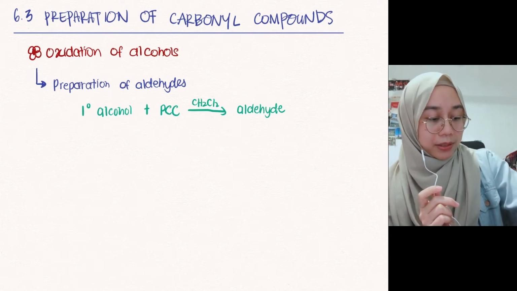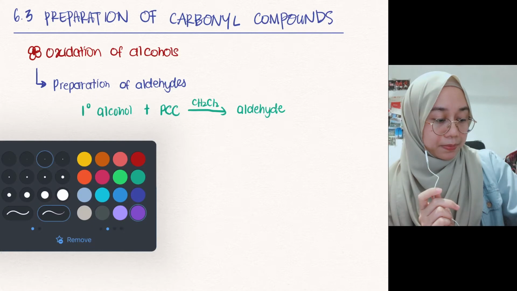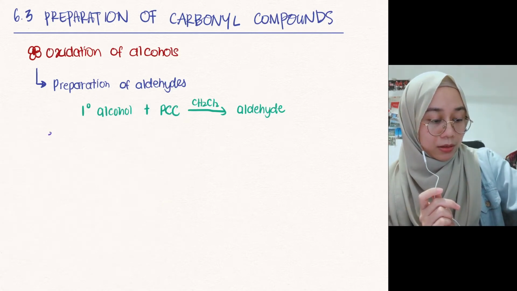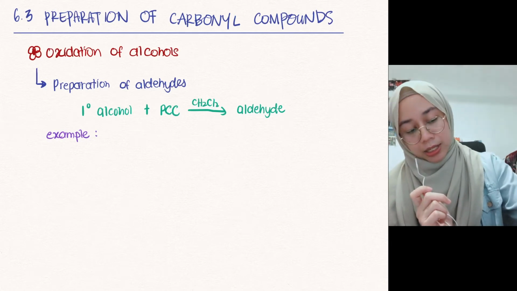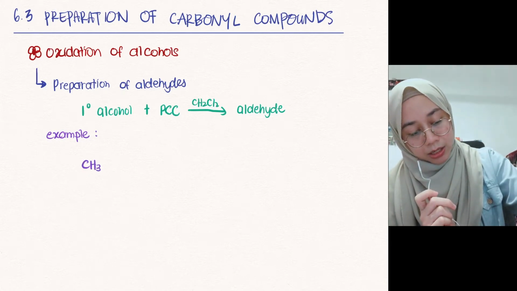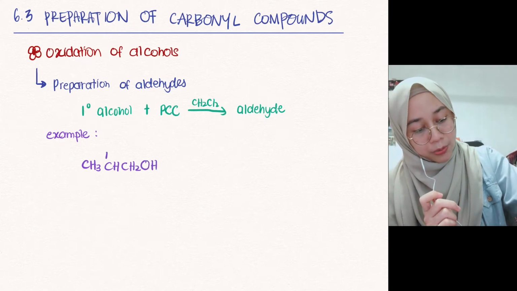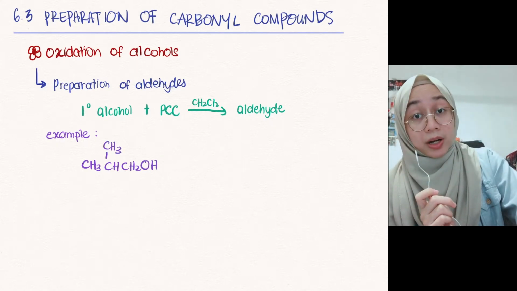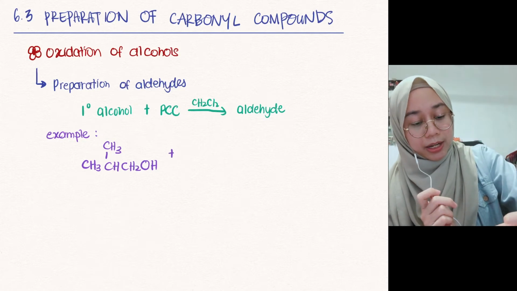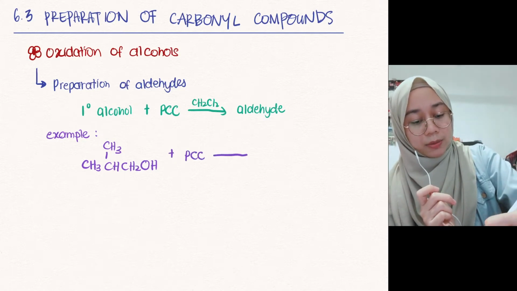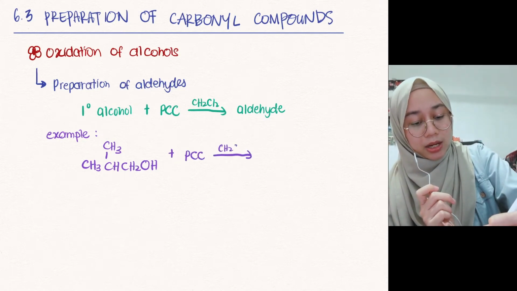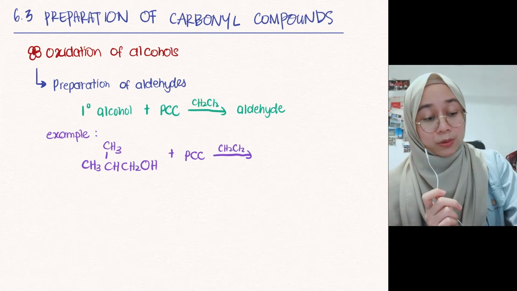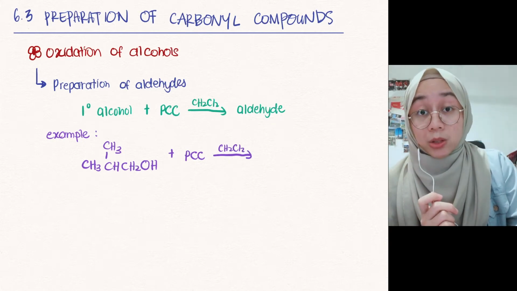So example dia, let's say kita ada this particular alcohol here, whereby alcohol ni adalah primary alcohol. So kita reactkan dengan PCC, which is a mild oxidizing agent. Therefore, what you are going to produce, again oxidation is about removing 2 hydrogen.